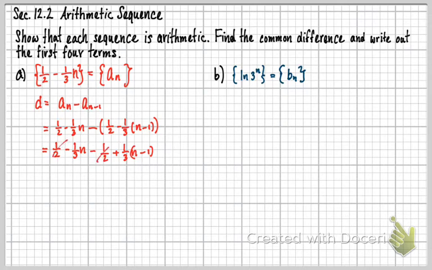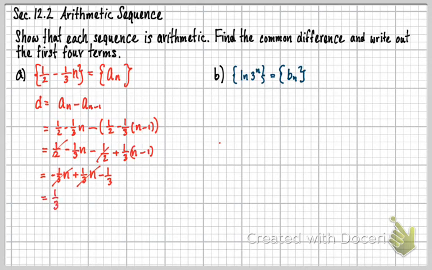So now I have a negative 1/3 n plus, and I'm just going to distribute this piece now. So that's going to be 1/3 n minus 1/3. What we see here now is those 1/3s cancel out because one's positive, one's negative. So now we end up with just 1/3.